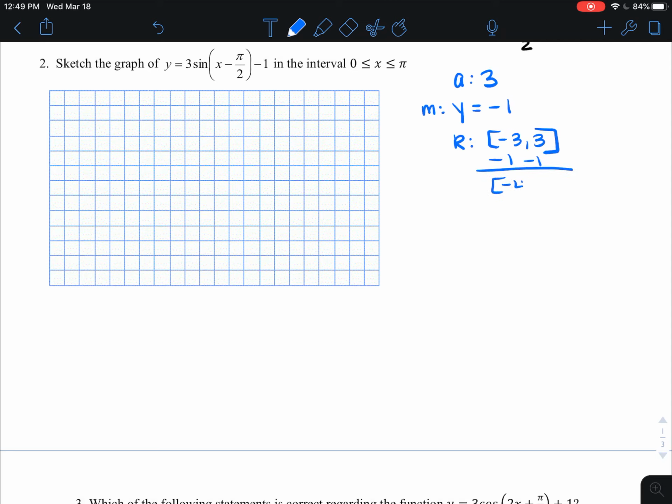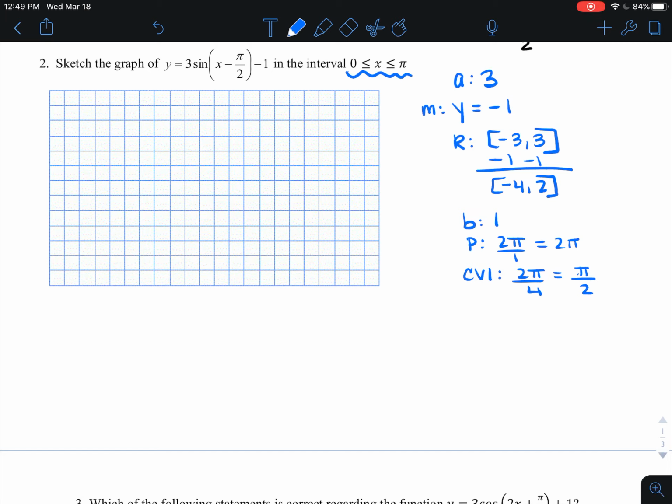So my range is really negative 4 to 2. Okay, then my frequency is 1. So my period is just 2 pi over that, or 2 pi, which makes my critical value interval 2 pi over 4, which is pi over 2.